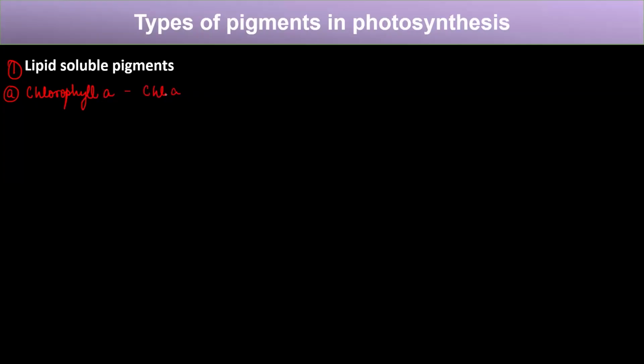Now, this pigment is present in all plants. But apart from plants, it is also present in certain bacteria, like blue-green algae.